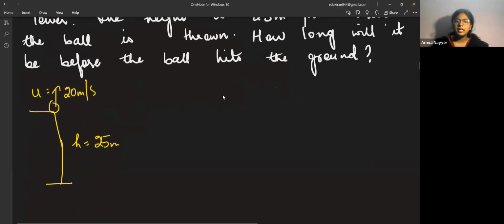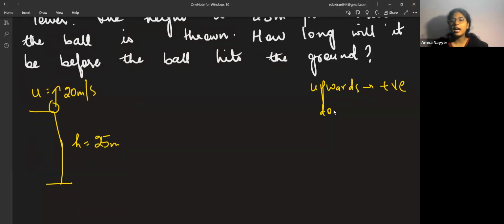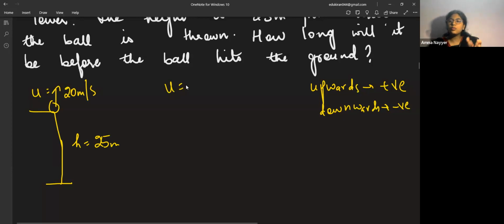So let's take sign convention. You can choose any sign convention. Let me take upwards as positive and downwards as negative. The ball is moving up, so the initial velocity is upwards, that is 20 meter per second.